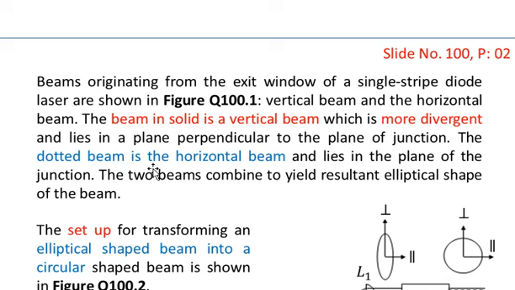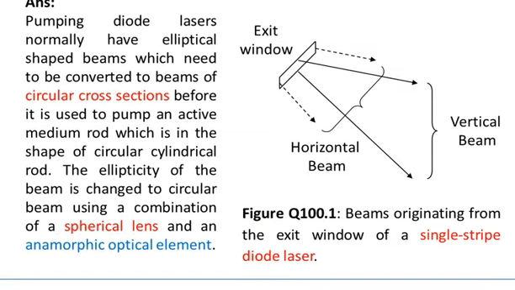The dotted line is the horizontal beam and lies in the plane of the junction. The two beams combine to yield the resultant elliptical shape of the beam. This is what I have discussed with relevance to the previous figure.